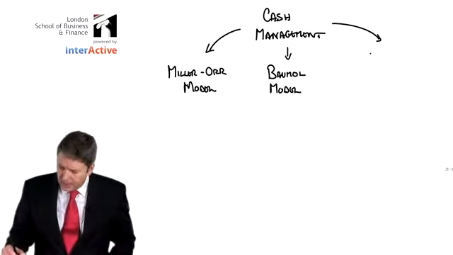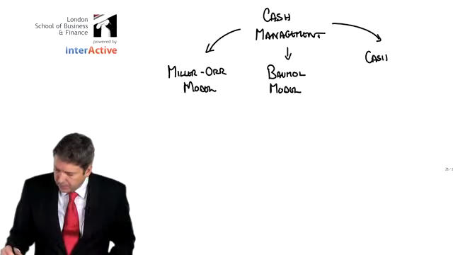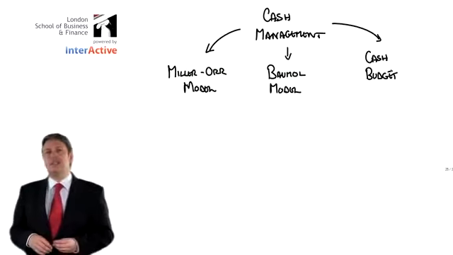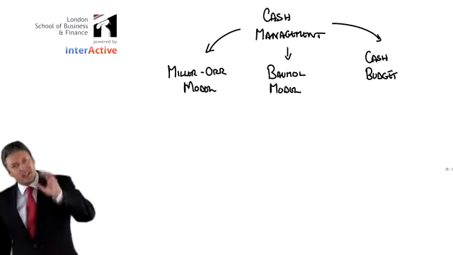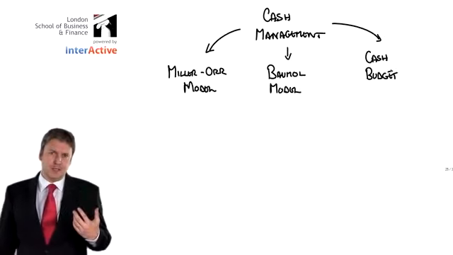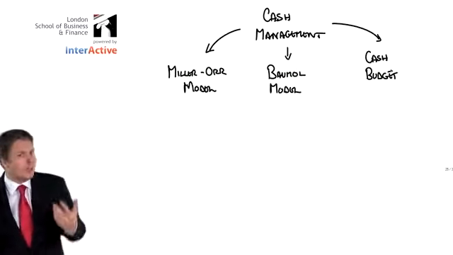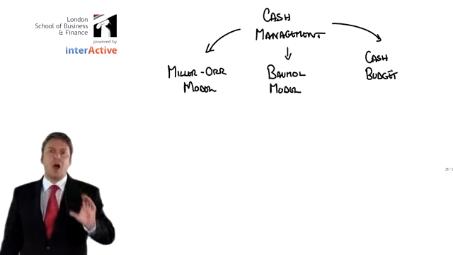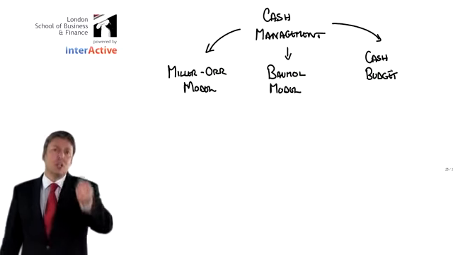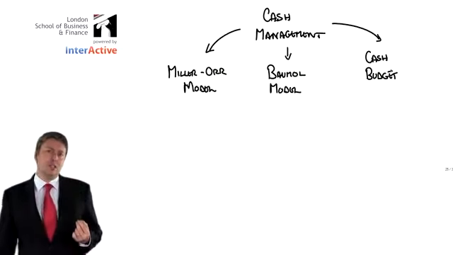I think it's the third area that could be some people's Achilles heel. The cash budget. The reason why I say that is this. You see, the cash budget comes up on a semi-regular basis. But when it comes up, it has the potential to come up for half the marks in one question, or more. And if that's the case, you must know how to deal with it.